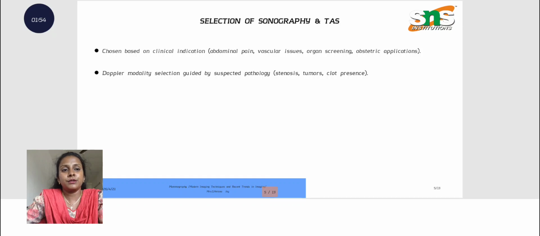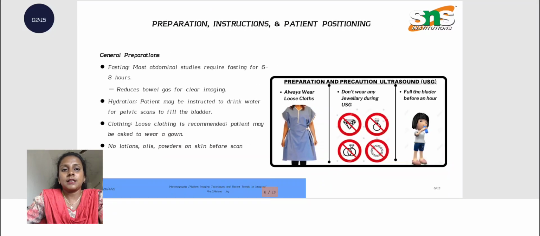It is also used for obstetric applications. Doppler modality selection is guided by suspected pathology, like if the patient has any stenosis or tumors, or if any clot is present. In these types of indications, a Doppler modality will be selected.